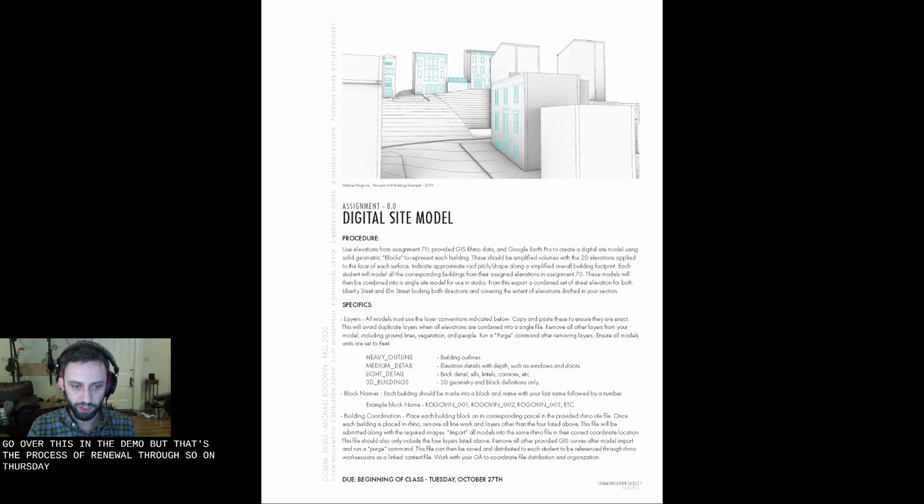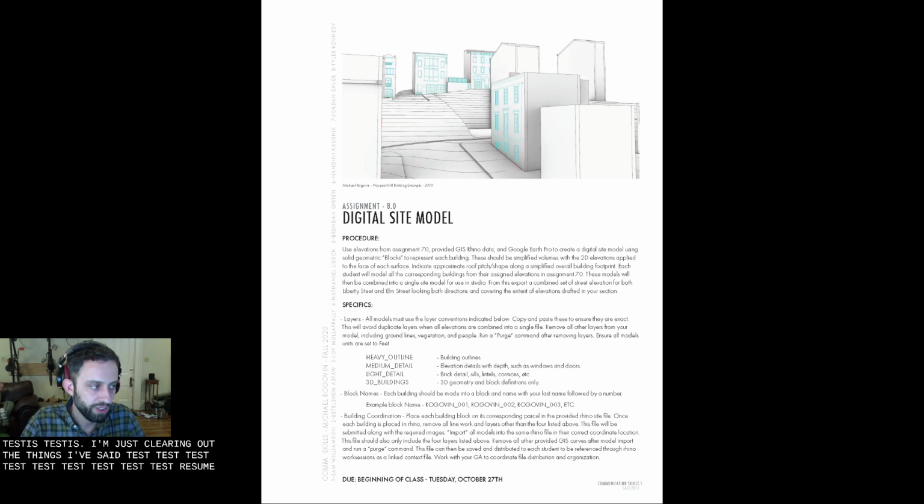So on Thursday of this week, you'll want to hopefully have these things modeled up, and then work with your GA to make sure that you can get them all into one model. Afterwards, once you have all of the models that your studio has made in one single Rhino model, the output for this assignment is to take a couple different street elevations, both on Liberty Street and Elm Street, which our site is on the corner of.